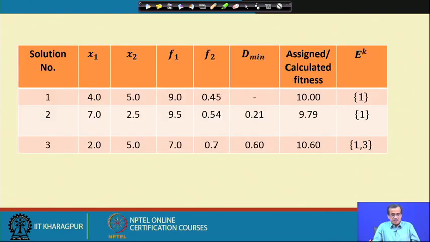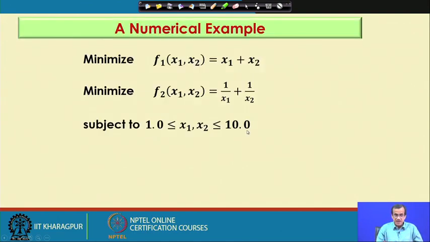Now, lying within the range for the design variables, let me assume some numerical values for x1 and x2. x1 and x2 lie between 1 and 10.